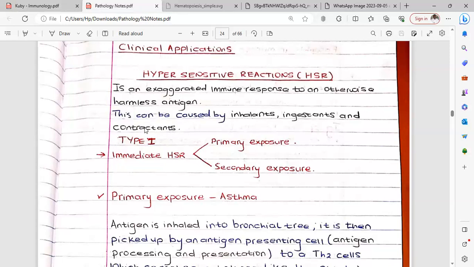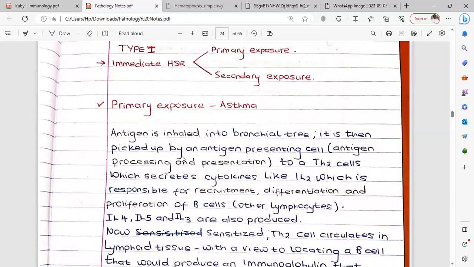For type 1, he says that we have immediate hypersensitivity reactions. We have the primary and the secondary exposure. For the primary exposure, he gives the example of asthma. You have an antigen, you inhale it, it goes deep inside the bronchial tree, and then you have an APC, which picks it up and takes it to the Th2 cells.